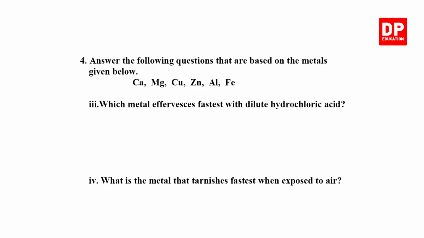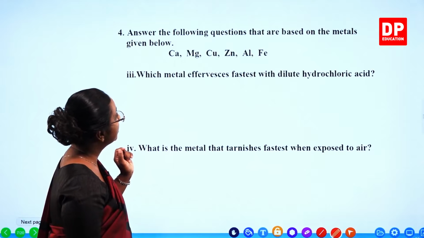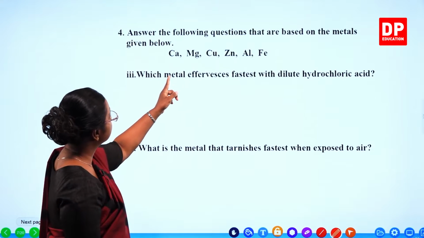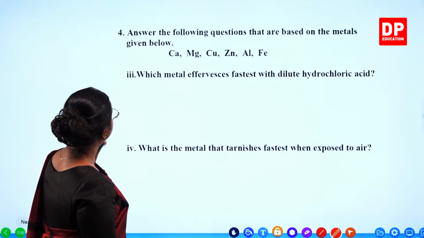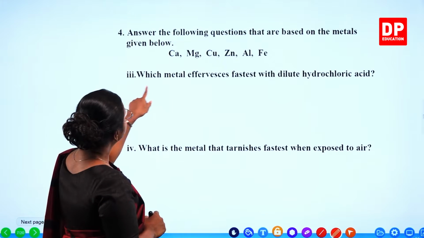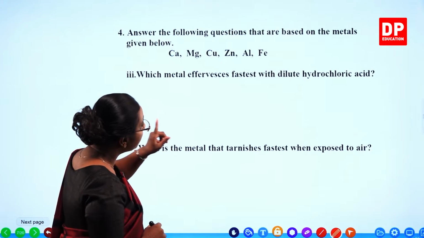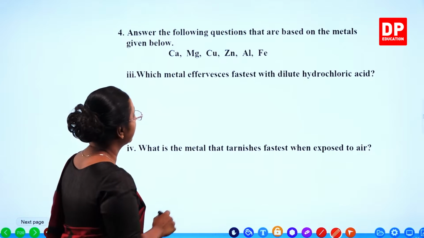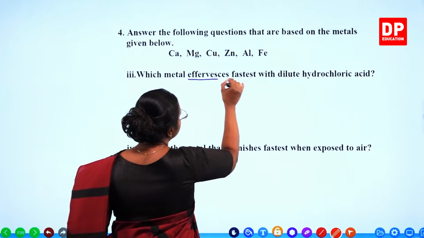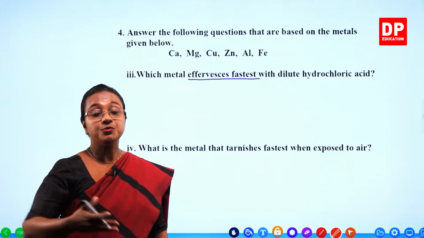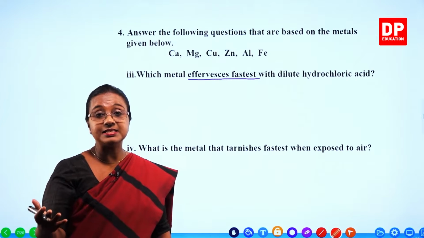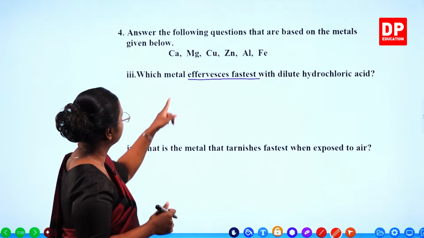Again, the same question: answer the following questions that are based on the metals given below: calcium, magnesium, copper, zinc, aluminium and iron. The third part of the question: which metal effervesces fastest with dilute hydrochloric acid? You know the meaning of effervesces. It liberates a gas. You see the bubbling because the gas is liberated during the reaction.